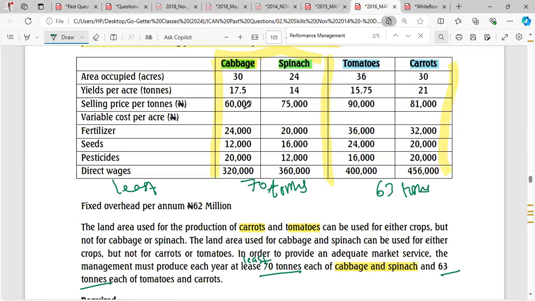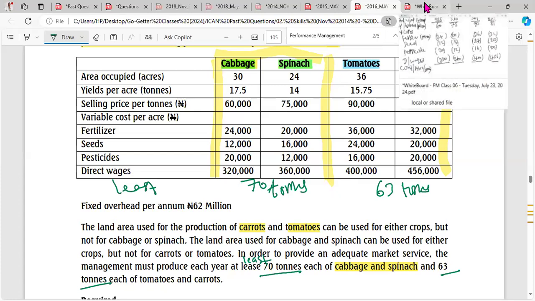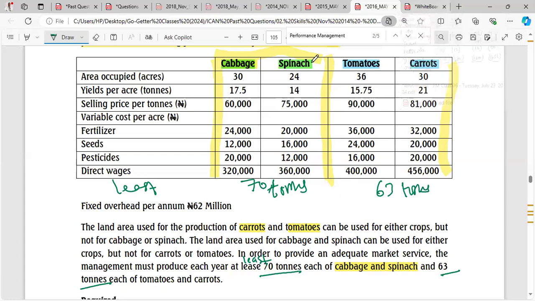Oh, this is not going to give us negative answers. This is variable cost per acre.